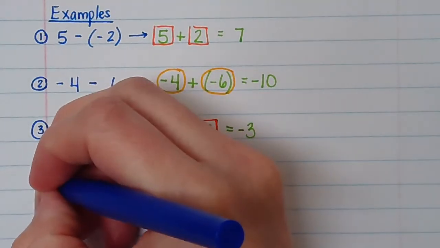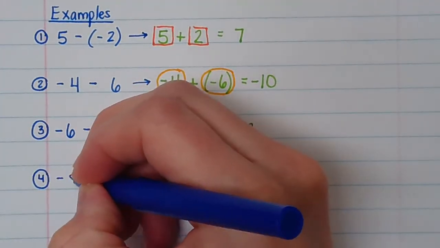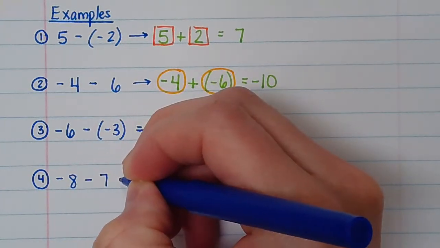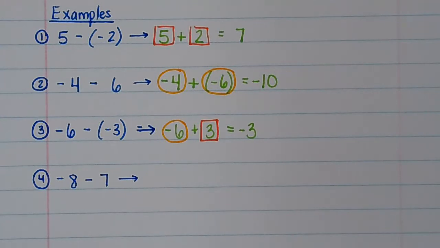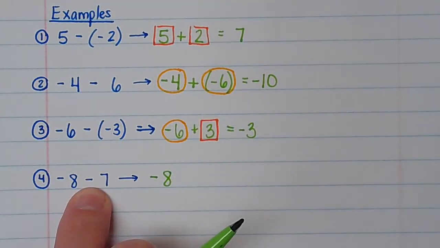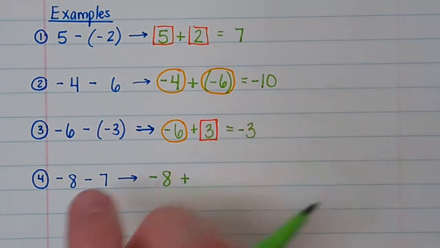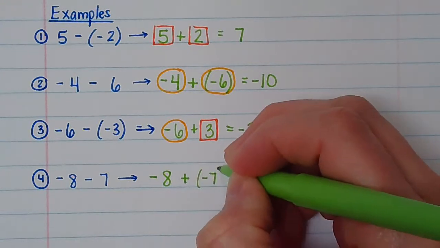Okay, next one. Negative 8 minus 7. Okay, what am I going to keep? I'm going to keep the negative 8 because it comes first. Switch the subtraction sign to a plus sign. Switch this positive 7 to a negative 7.